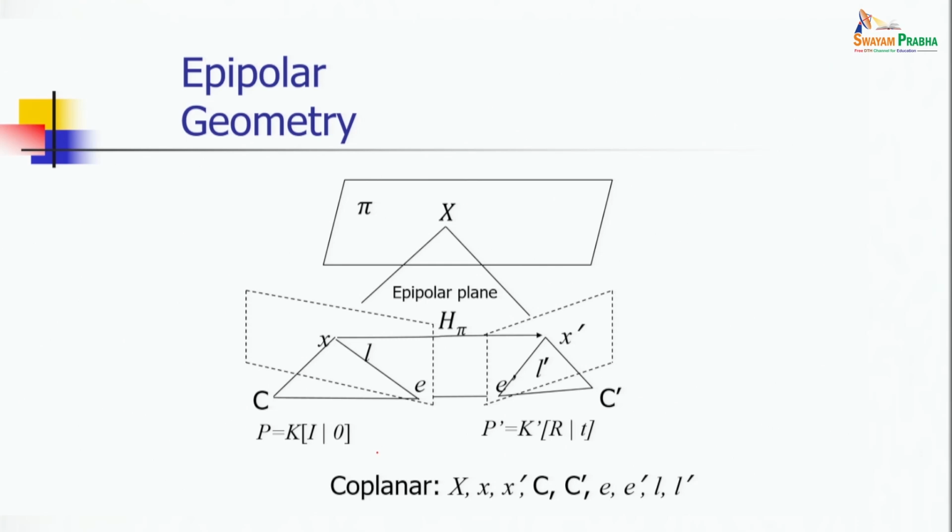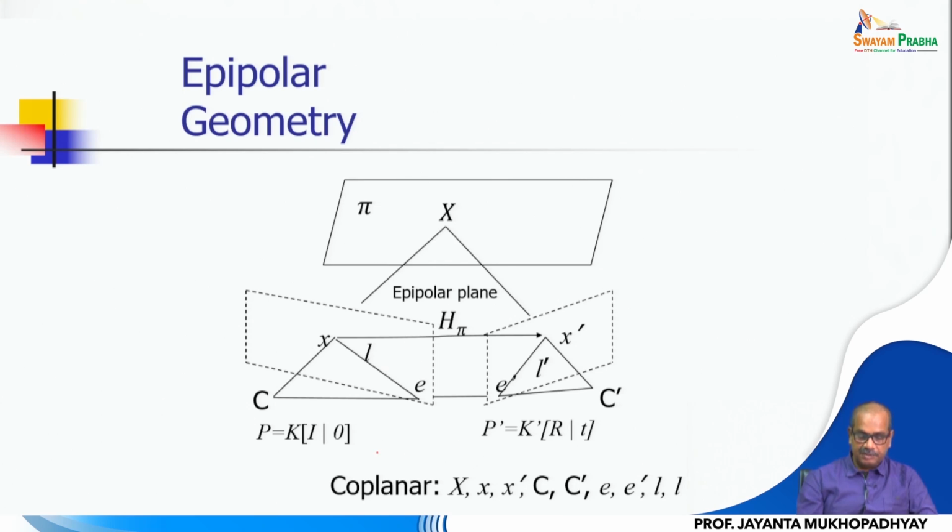Let us further discuss this epipolar geometry. Now we will use the respective camera parameters and establish the relationships between all these geometric entities that we defined for epipolar geometry.